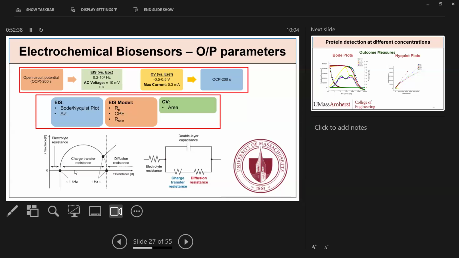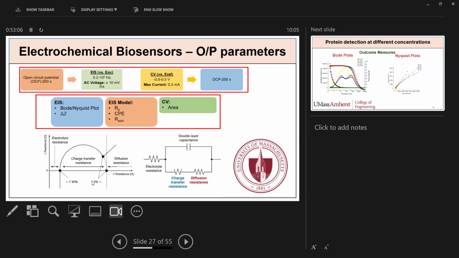This is a Nyquist plot, which explains the charge transfer resistance of the analyte present on the electrode surface. Say, for example, if there is something present on the surface of the antibody, and I am attaching the protein, the reaction or the interaction will increase or decrease the response according to the species or biological molecules present on the surface, right?